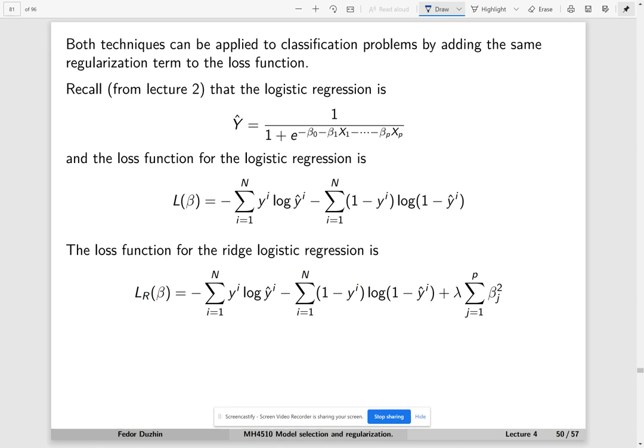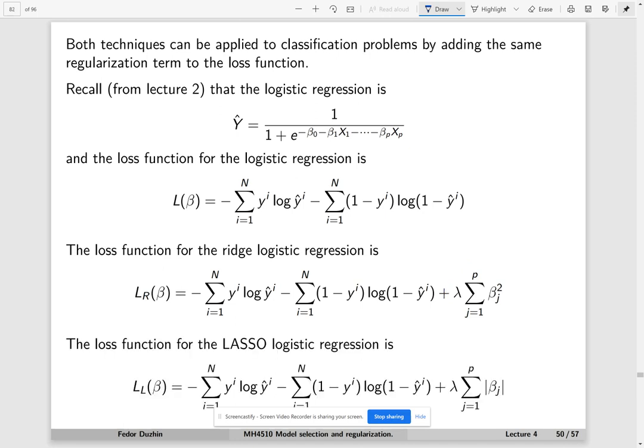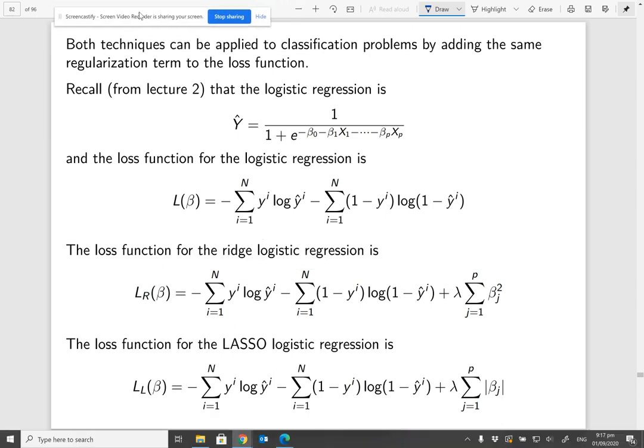This is the loss function for the ridge logistic regression, and this is the loss function for the lasso logistic regression. In both cases, we can find the minimum of the loss function, and this is how we train our models.